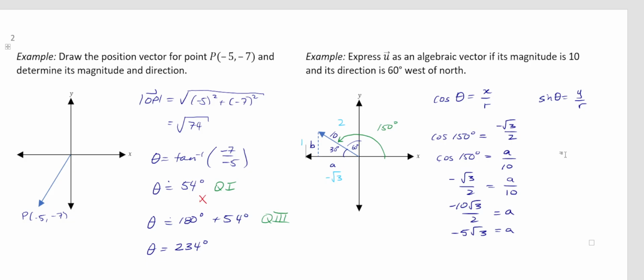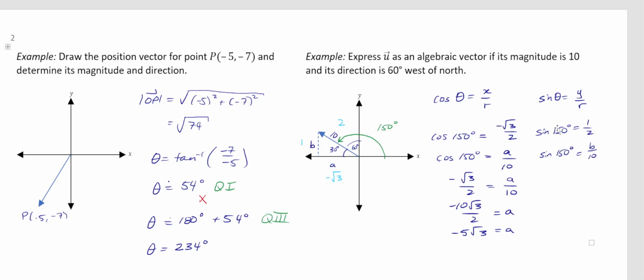So I'm going to write sine 150 degrees is equal to y over r, so 1 over 2. Again, though, 1 over 2 are not the values that I have in this vector. My y value here is b, and my r value here is 10. So I'm going to write sine 150 is equal to b over 10.